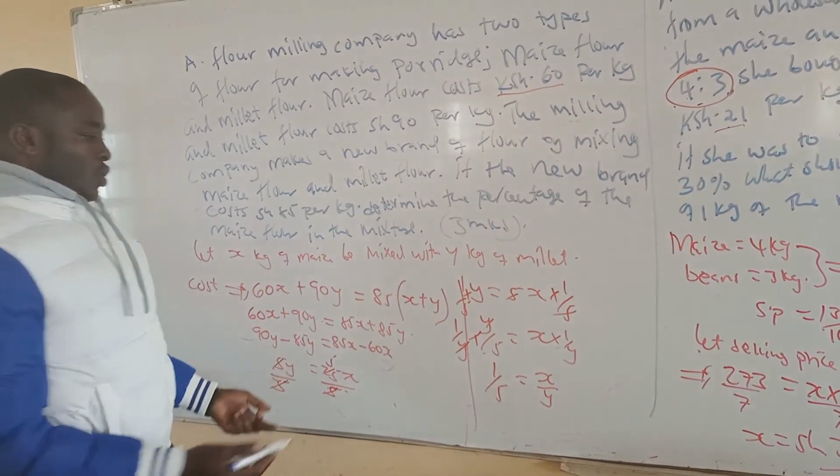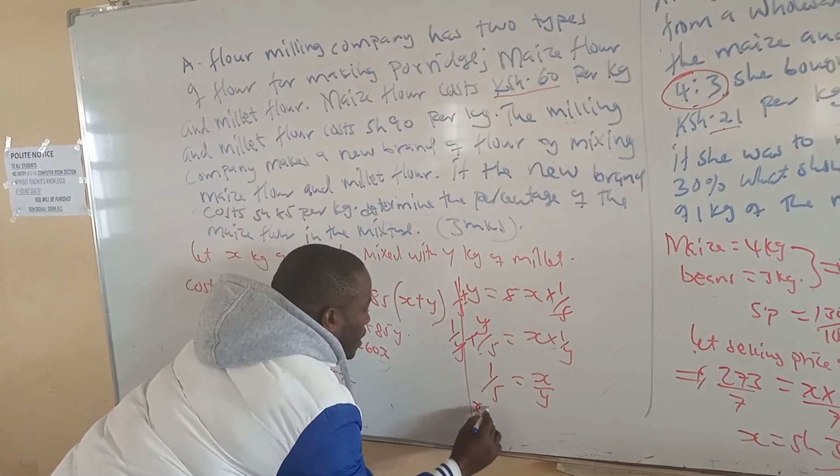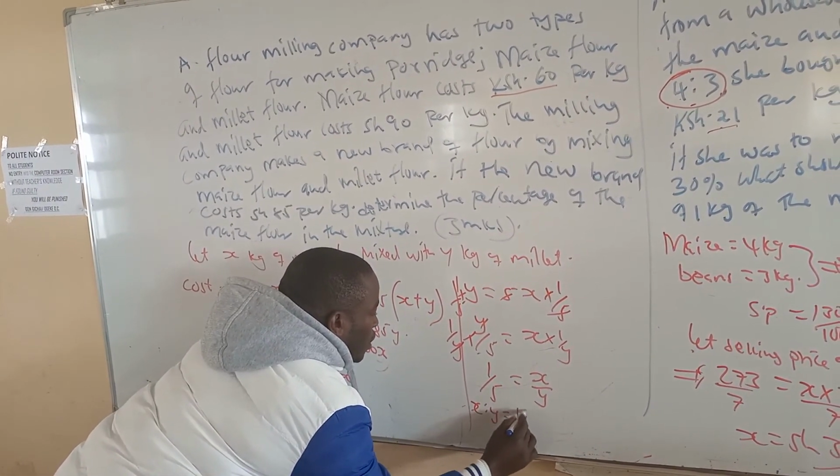From there I have the ratio. So the ratio x is to y equals 1 is to 5.